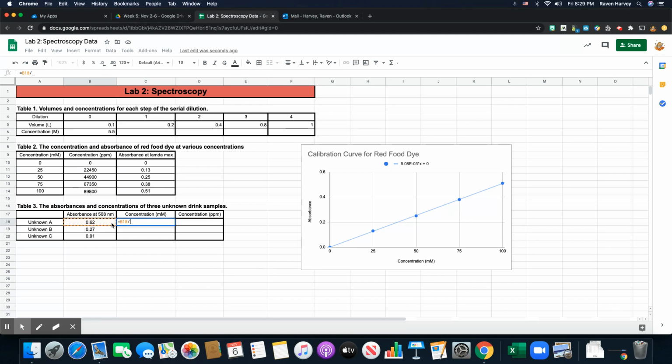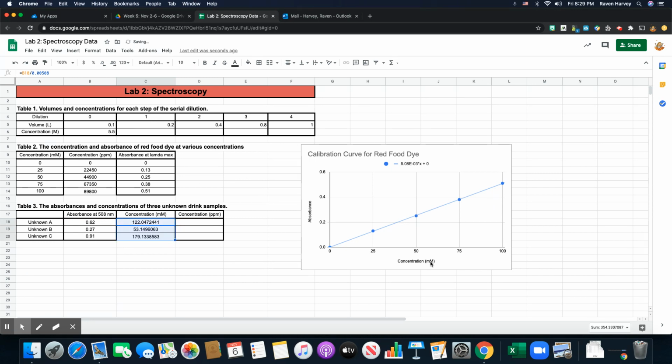And so I'm going to take it out of scientific notation, right? So 5.08 times 10 to the negative third. You just move the decimal 3 times to the left. 1, 2, 3. So it's 0.00508. And that gives you your concentration in millimolar.